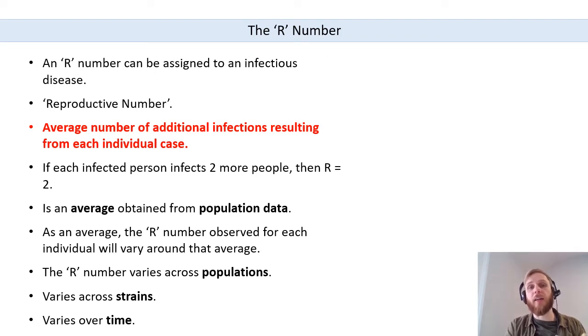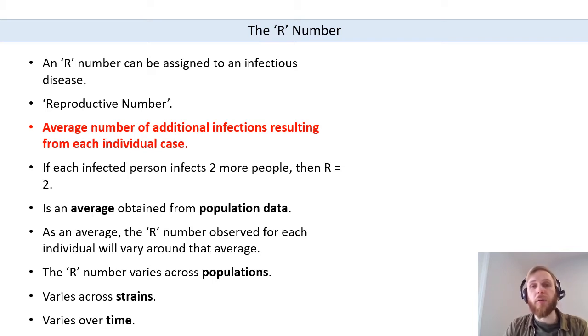To get this R number, we need population level data. We need to look at the statistics of how the infectious disease is moving throughout a population. We need to look at the cases, the number of cases. And again, really useful information to us, and the only way we can get it is by analysing an infectious disease at a population level rather than at an individual level.